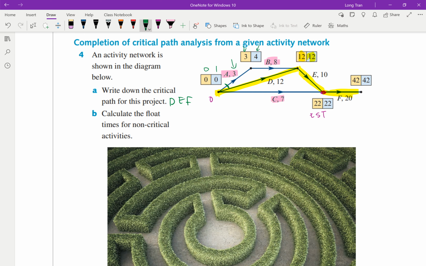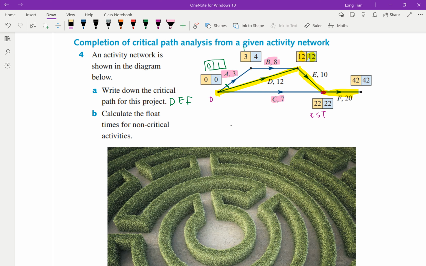Keep in mind that the reason it's 0, 0 is because out of them all, you choose the smallest value for backwards scanning, so latest starting time. So technically there should have been another box here for A. This is the box for D, and then there should have been another box for C, but you always choose the best one. So in this case here, you could have started at 0, or you could start at 1 and you will still finish on time for activity B to continue without screwing anything else up.